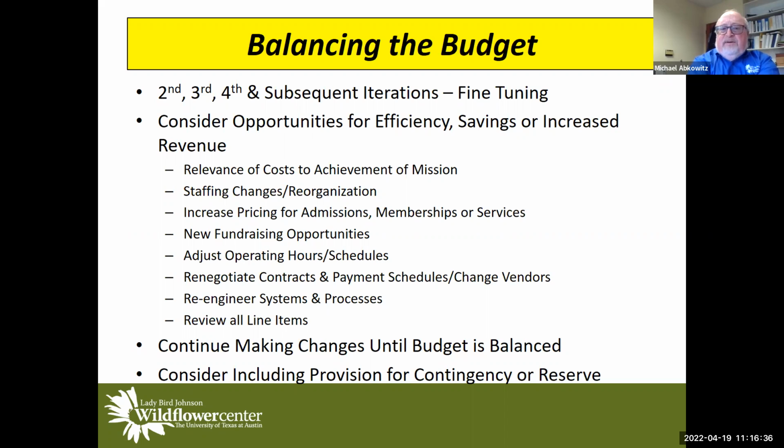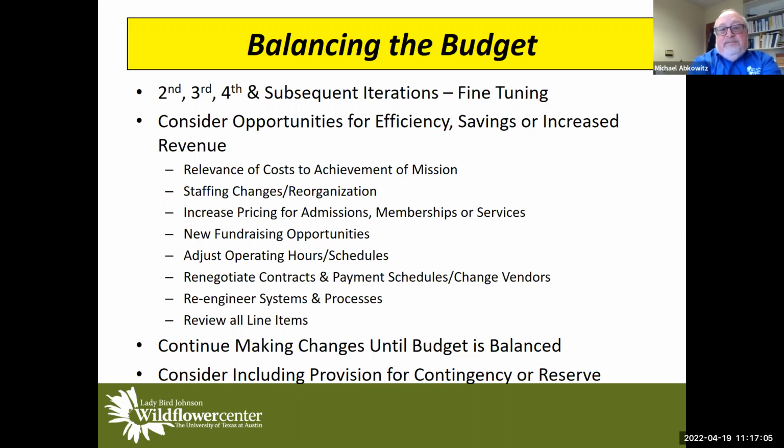Look at your revenue streams. Can you increase your pricing? Can you change some of your expenses by renegotiating contracts or changing vendors? Can you re-engineer systems and processes to make things more efficient or bring more money in? It's a detailed process, and you continue making your changes, tweaking over time, until the budget is balanced.